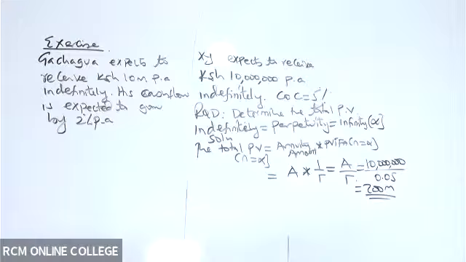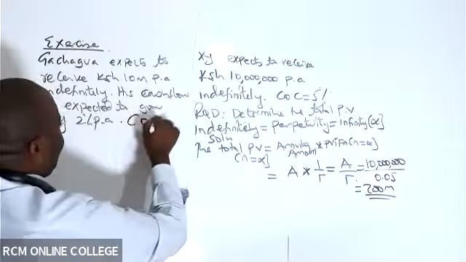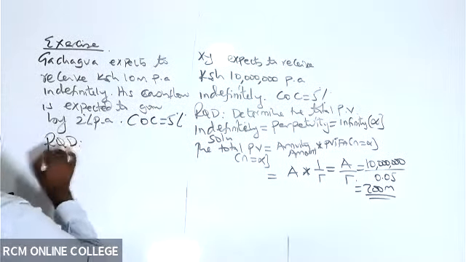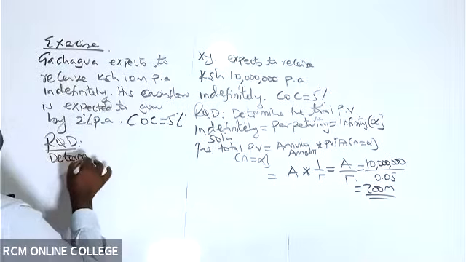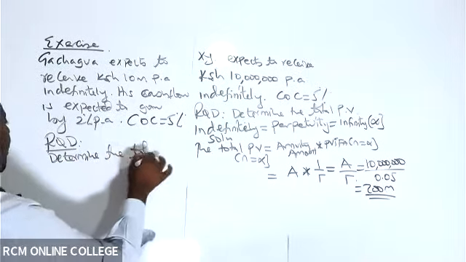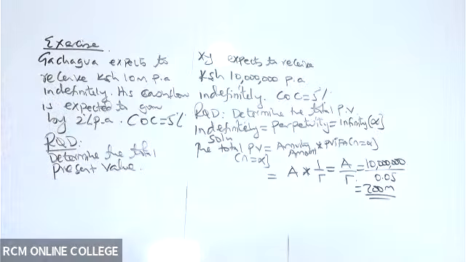The cost of capital is 5%. So we are required to determine the total present value.